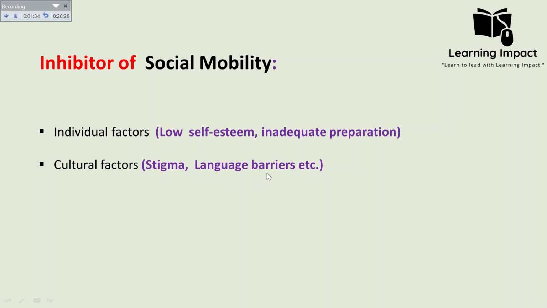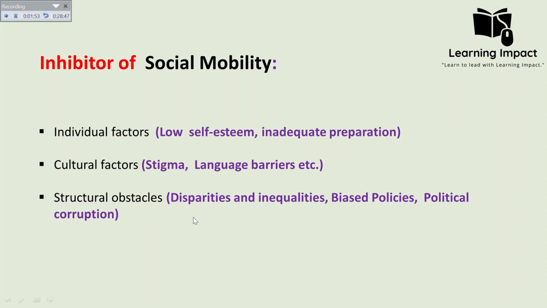And similarly, language barriers, where people are unable to interact with others because they don't have enough knowledge of the language. So of course, if there is a language barrier, it can also lead to limited opportunities of social mobility in a society. Then the structural obstacles include all the disparities, inequalities, biased policies, political corruption.